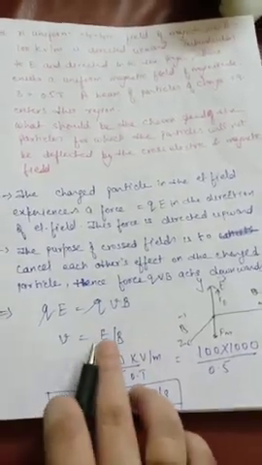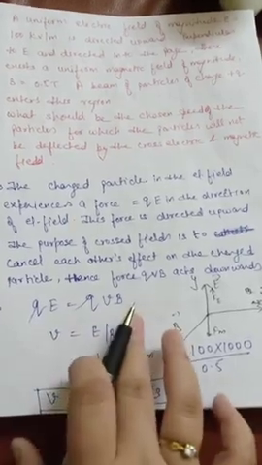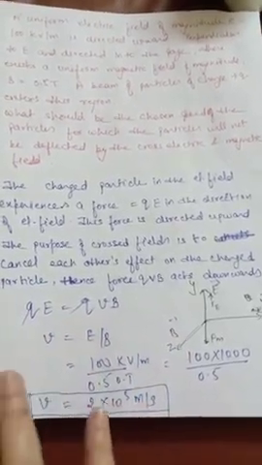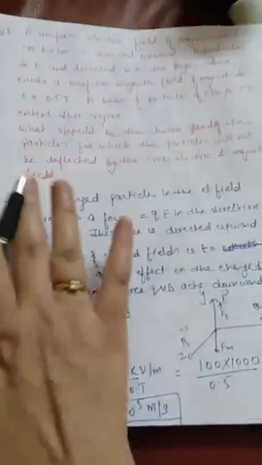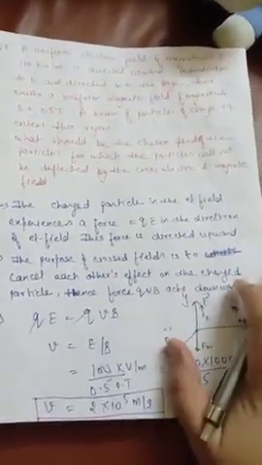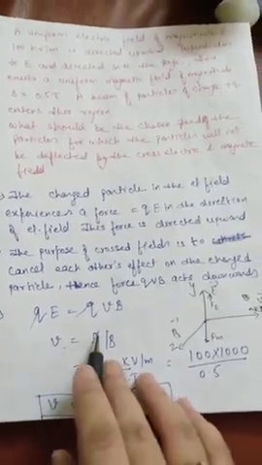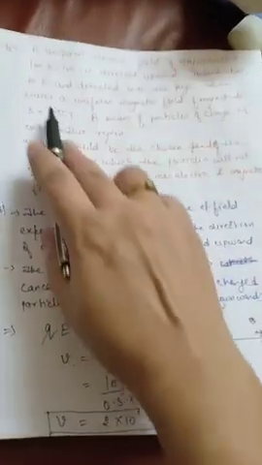So v is equal to E by B. See the last class for complete understanding about this cross field. We have discussed each and every point of this cross field. Please go through that video, right? So we have velocity is equal to E by B, and E is also given in the question and B is also given in the question.